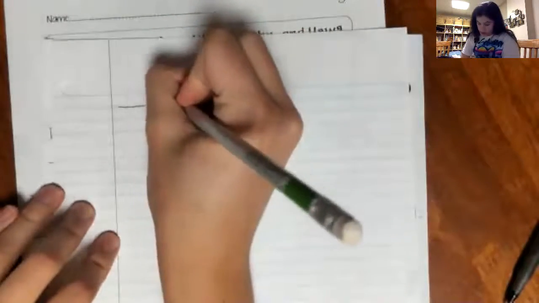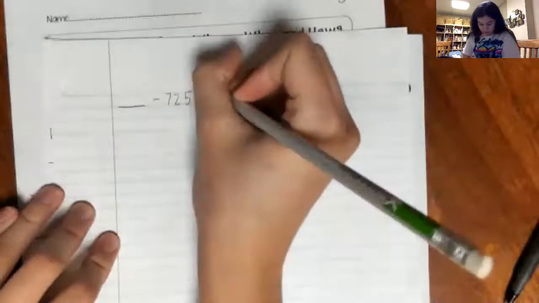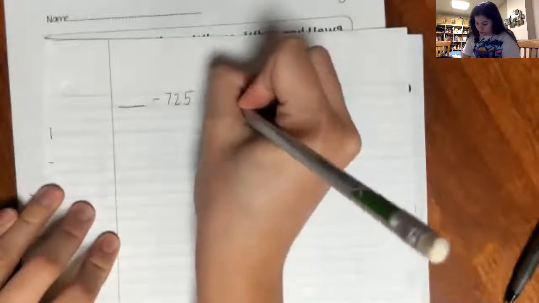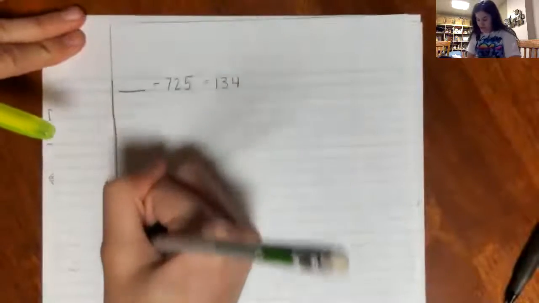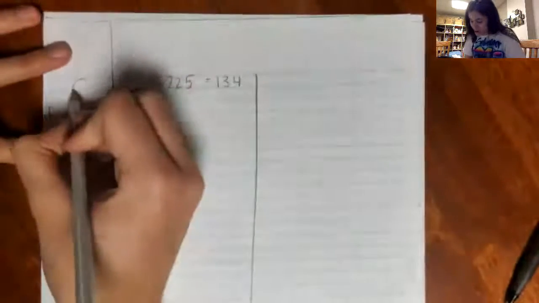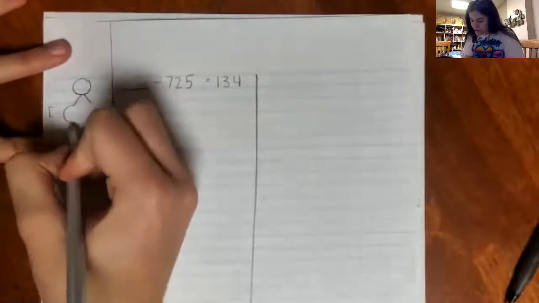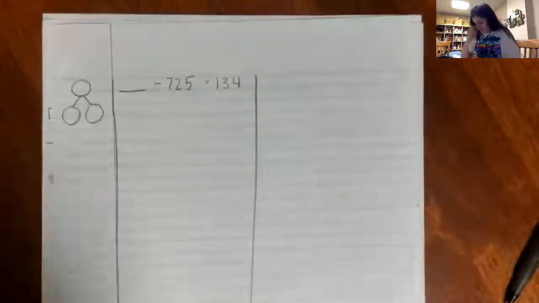So here I have, let's say I have a problem that says something take away 725 equals 134, okay? Now this problem is different because if I think about it in terms of my number bond, then now it's looking a little bit different. See if you can figure out why, okay?